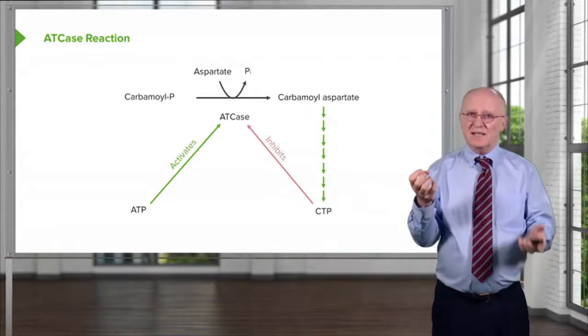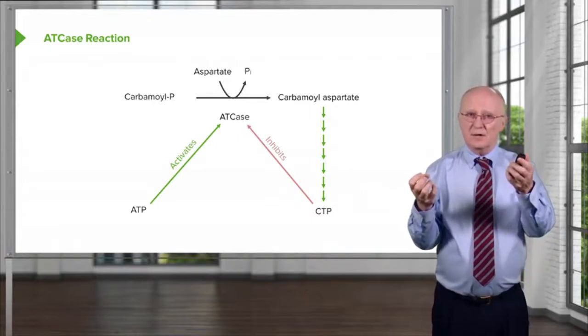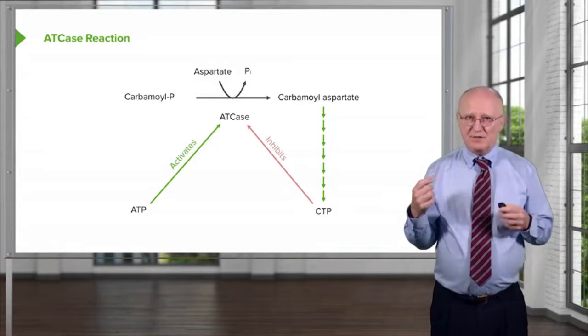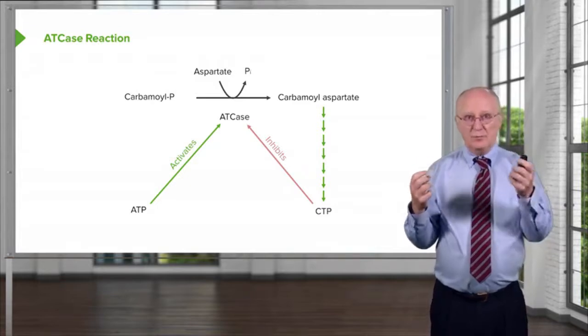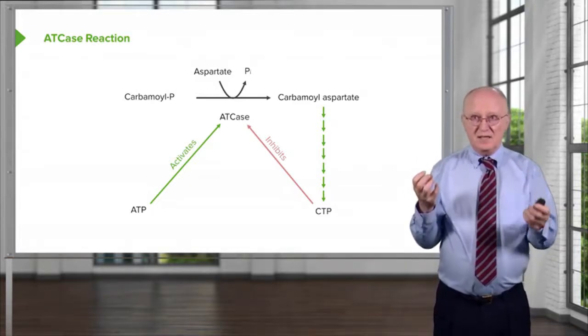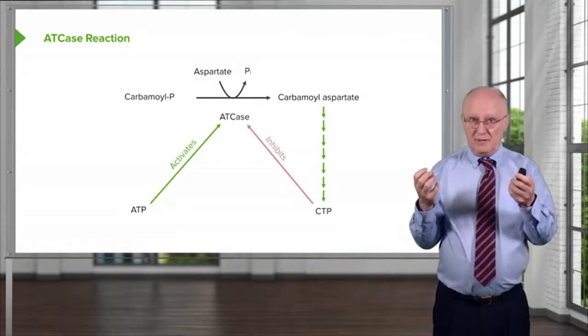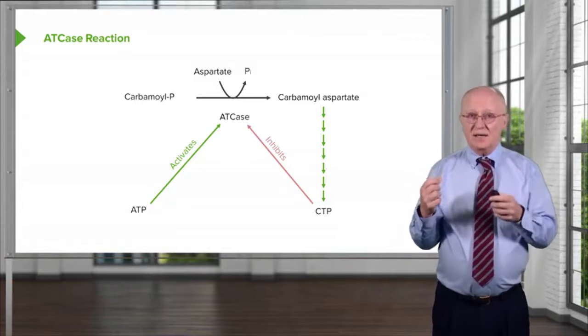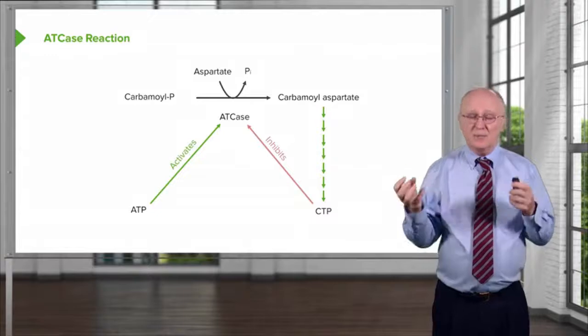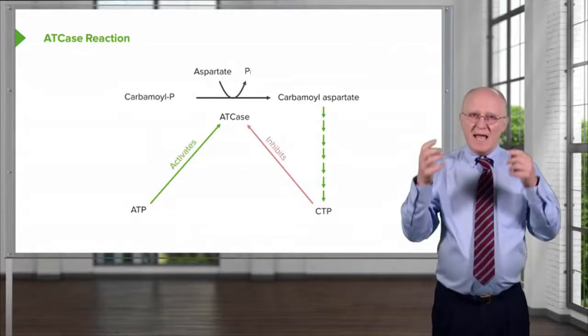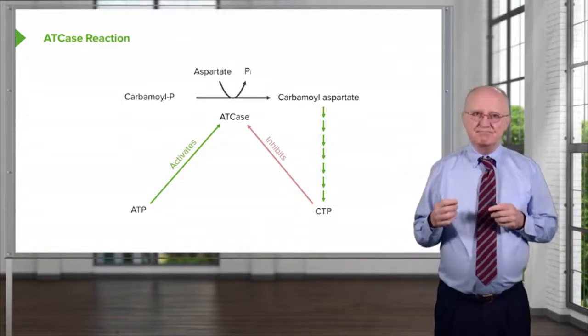Therefore, the purines get a chance to catch up by their synthetic pathway. If ATP wins the race, that means there's more purines than pyrimidines. It means that we want to start making more pyrimidines. ATCase gets activated and the synthesis of pyrimidines continues. So ATCase provides that balance.